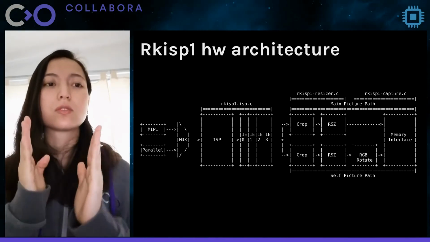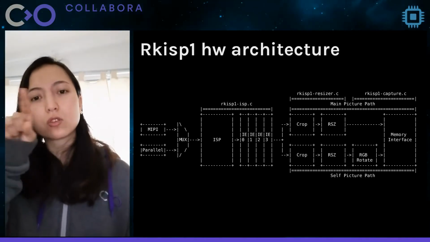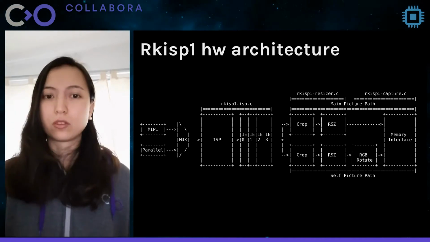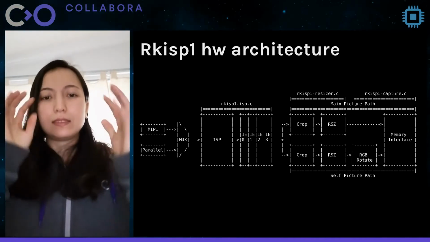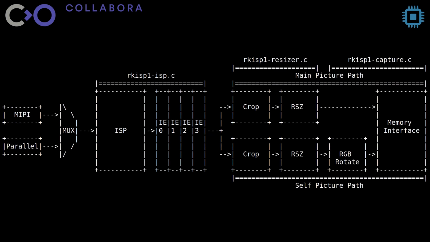Then it goes to some image enhancement blocks, and the image can go to one of those two paths, or both of them at the same time. Those two paths can perform cropping, resizing, do some RGB, flip, rotation also, and then it reaches the memory.